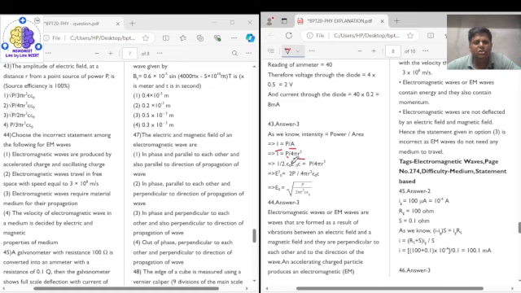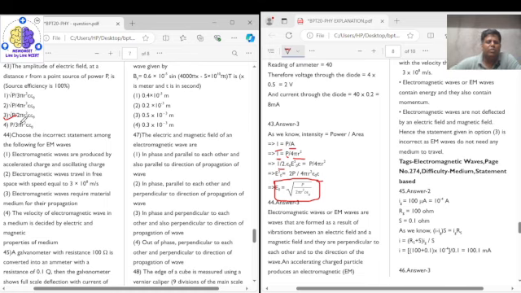Intensity equals half epsilon naught E naught square into c equals P upon 4 pi r square. So from here we get E naught square equals 2P upon 4 pi r square epsilon naught c, and E naught equals root of P upon 2 pi r square c epsilon naught. So the correct answer for question number 43 will be option 3.